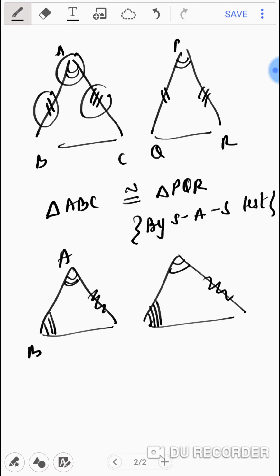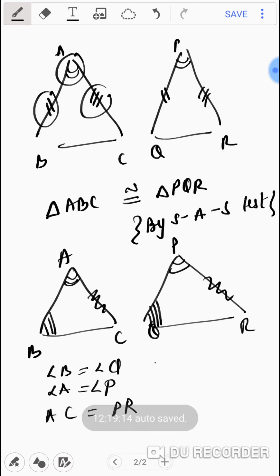If I name them ABC and PQR, given is AB equal to PQ, angle B equal to angle Q, angle A equal to angle P, and side AC equal to side PR. To make any two triangles congruent, a minimum of three reasons are required. They should be equal: either two angles and one side, or two sides and one angle, or three sides.